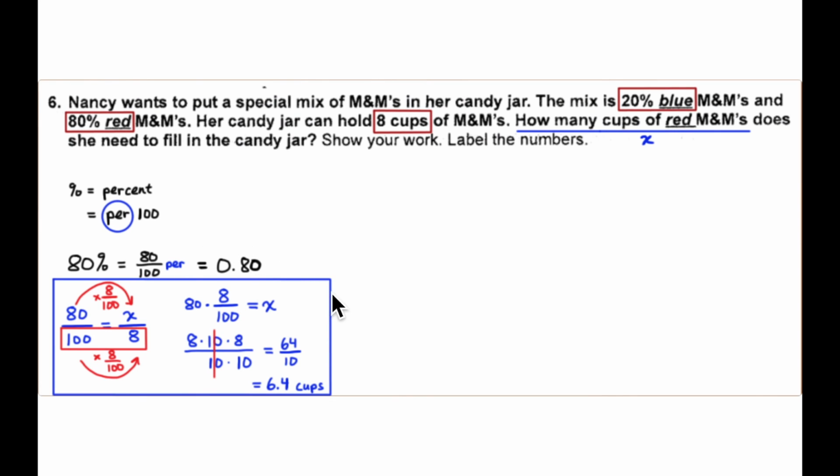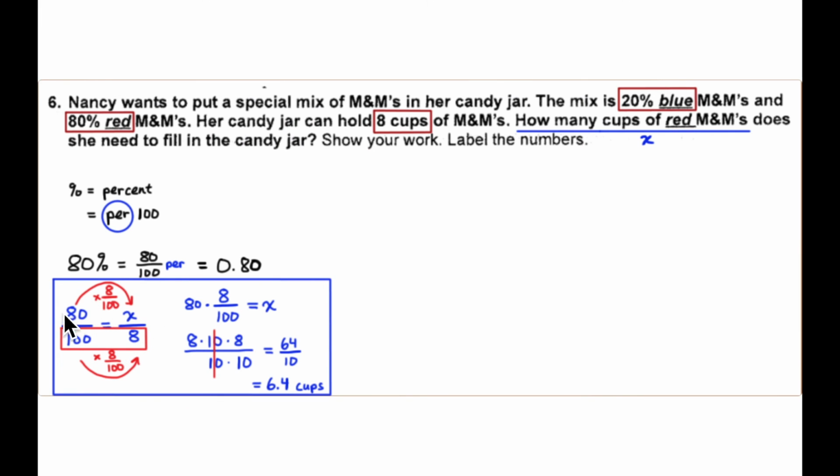So you can set up the proportion. So it's 80 hundredths is equal to how many cups out of 8 cups? And so the ratio is 8 out of 100. So you're going to make 8 hundredths as much M&Ms mix. So that's 8 hundredths times this 100. So if you're going to cut this down to 8 hundredths of 100, it also has to be 8 hundredths of 80.